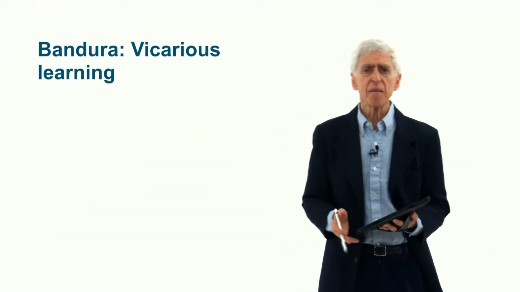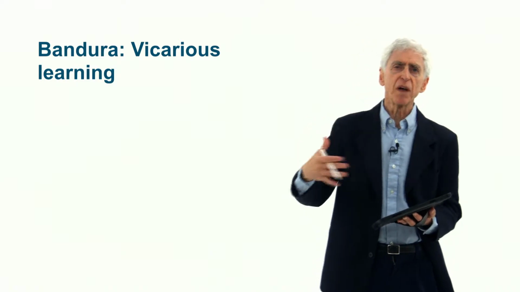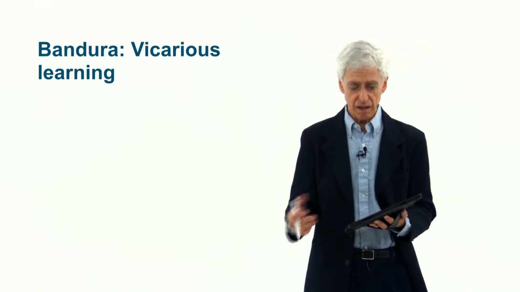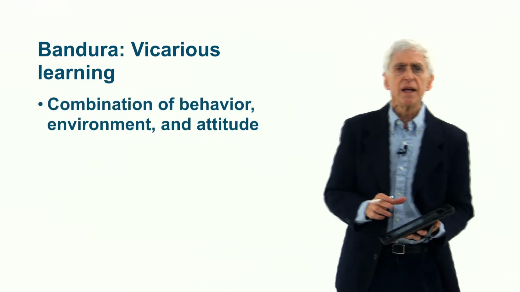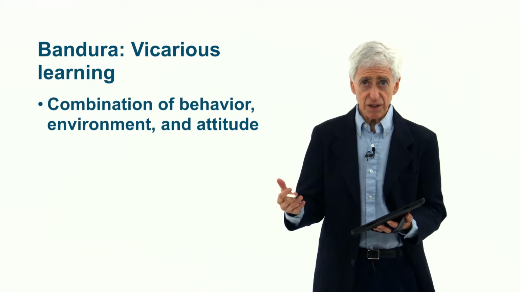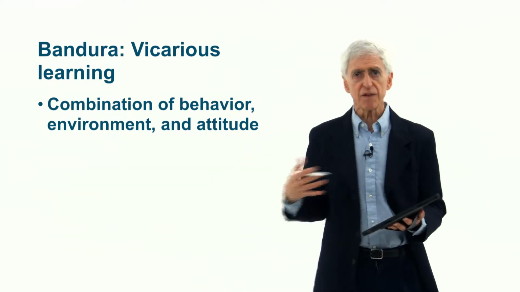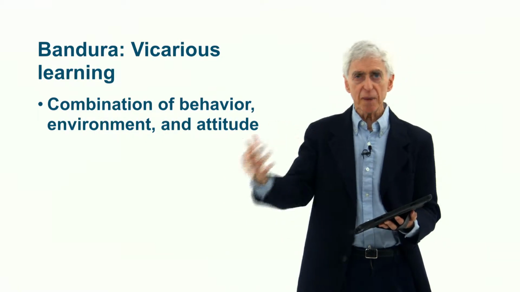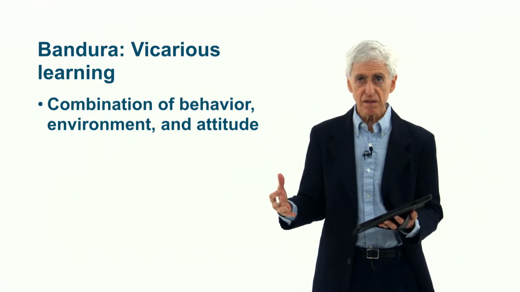Okay, a scientist named Bandura comes up with the terminology vicarious learning. It's a combination of behavior, what's going on in the environment, and your feelings, your attitude about the behavior and the environment.